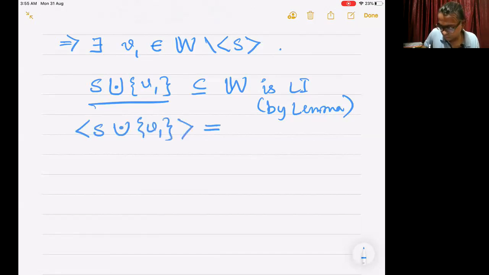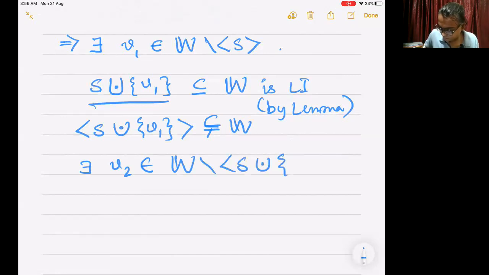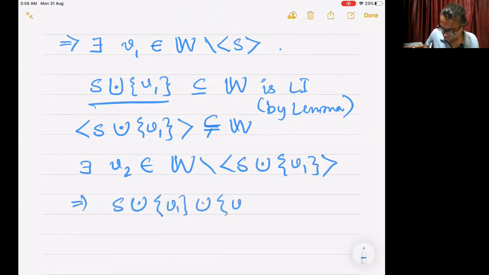If it is equal to W, then nothing to be done. If it is not equal to W, then further there exists a V2 which is in W but not in the span of S disjoint union V1. So now I will look at S disjoint union V1 disjoint union V2, and that is how I will proceed.